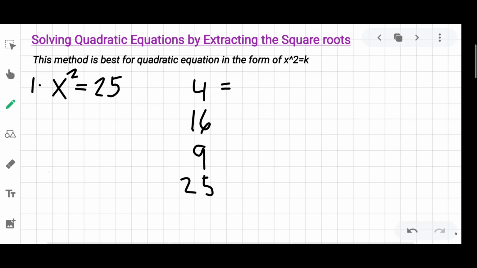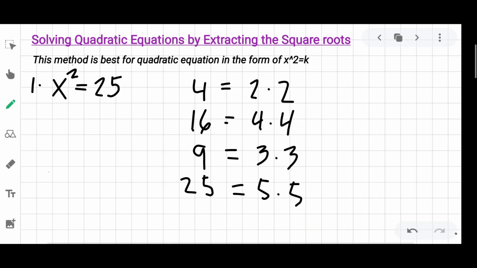Katulad ng 4, may factor siya na 2 times 2. 16 is may factor siya na 4 times 4. 9 is 3 times 3. And 25, 5 times 5. Kaya itong mga number na to ay perfect square kasi may factor sila na parehas. Kapag pinag-times, yung number na yon yung lalabas.